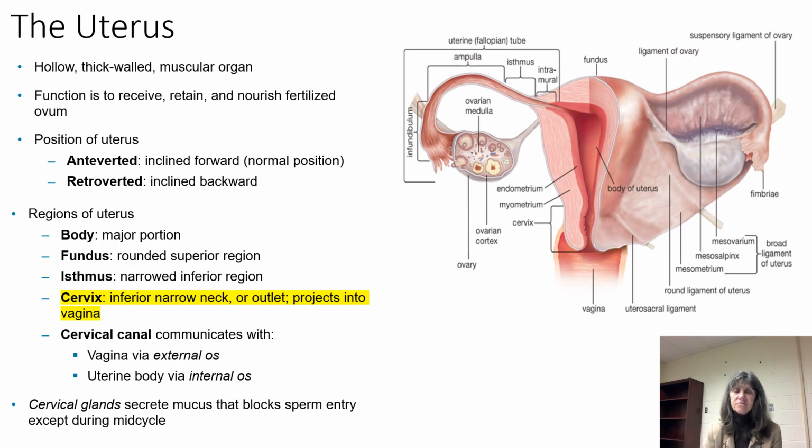Cervical glands are going to secrete mucus that blocks the entry of sperm except during mid-cycle of a menstrual cycle, which we're going to talk about soon.